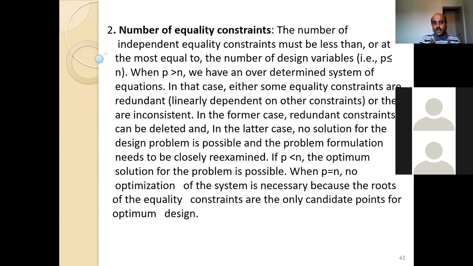Okay, so be careful. At the end, you can conclude that the number of equality constraints should always be less than N, or at the maximum it might be equal to the number of design variables, but it cannot be greater than the number of design variables. Please remember this.